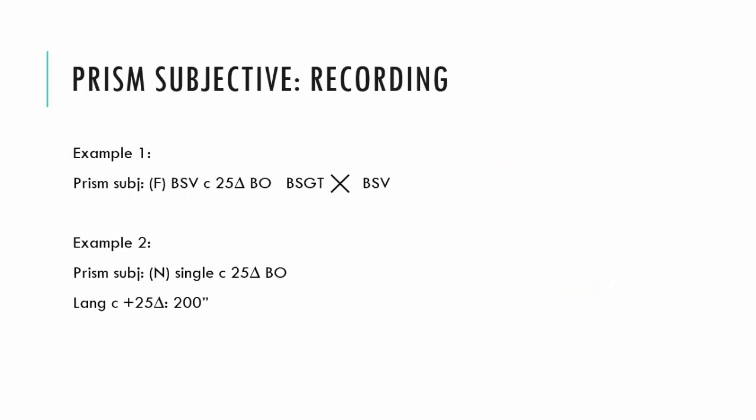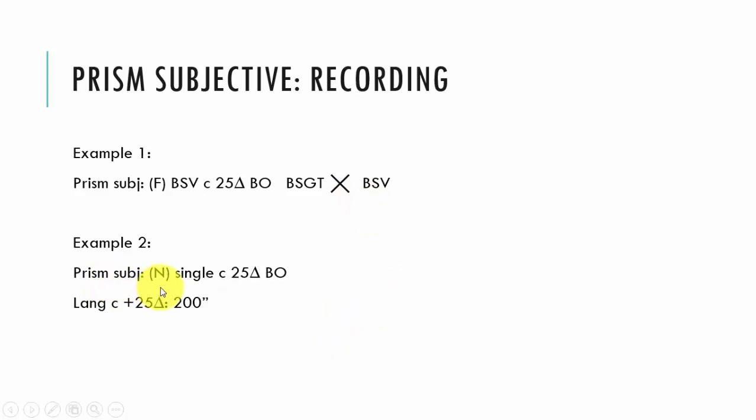In terms of the Prism Subjective, you'll have to indicate the prism that gives the patient single vision and some proof of the single vision, that it is actually BSV when you neutralised the deviation. So here's an example. We have Prism Subjective performed in the distance, and the patient has BSV with 25 diopters base out, and we've been told the test that showed binocular functions, which is the Bagolini striated glasses test.